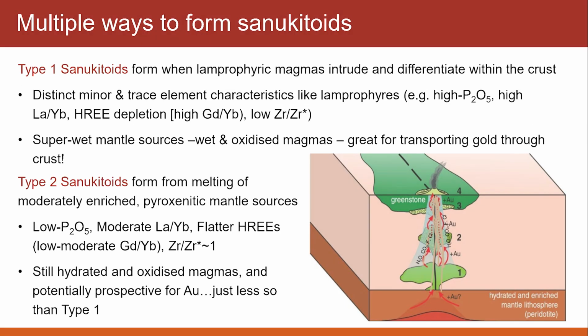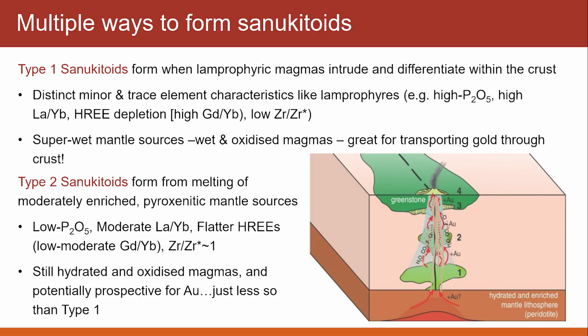The type 2 sanukitoids, on the other hand, we think form from melting a more moderately enriched pyroxenitic mantle source, so a less well metasomatised source region, probably a bit of a shallower derived melt as well. They have much lower phosphorus, more moderate lanthanum ytterbium, and flatter heavy rare earths, and as I said before, more mantle-like zirconium anomalies.